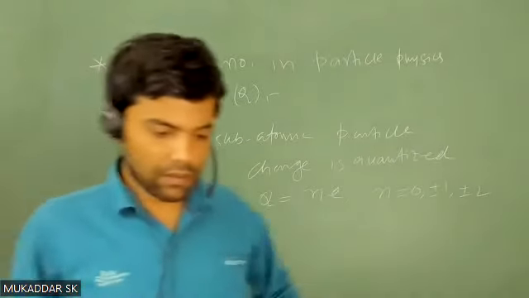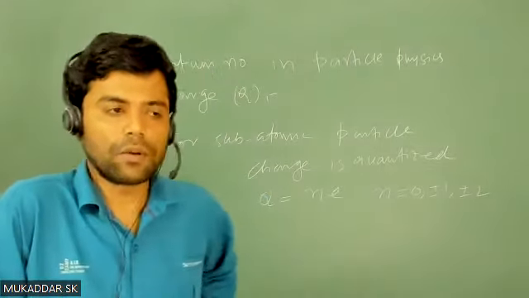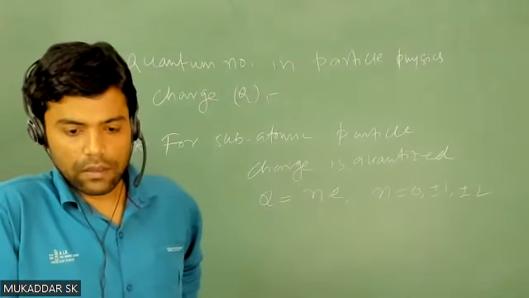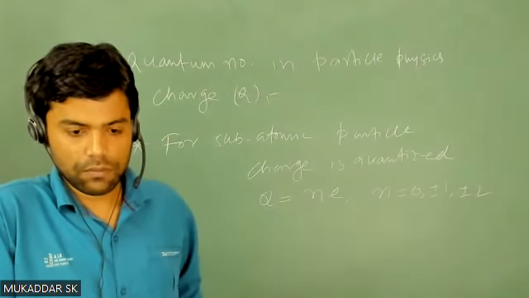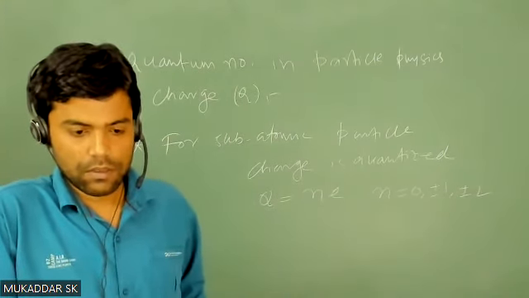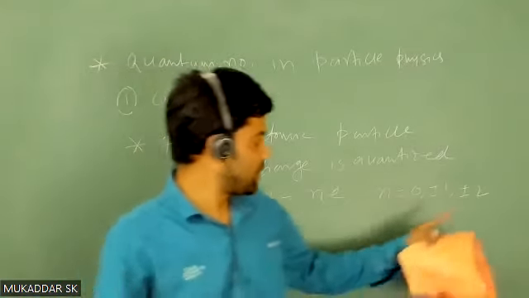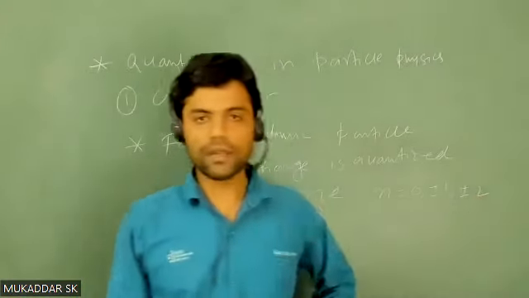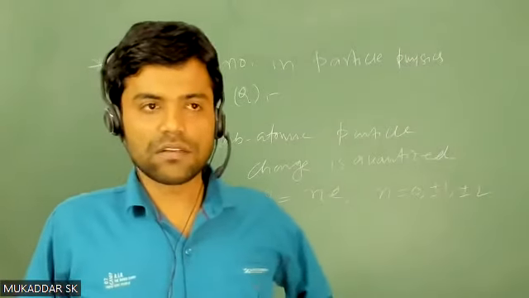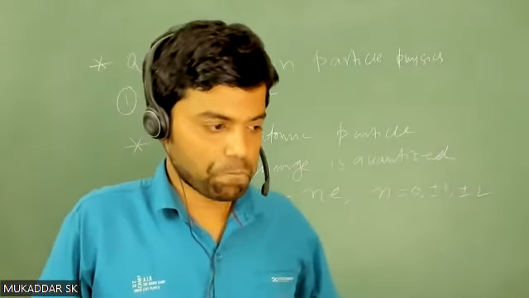Can you give me an example of a subatomic particle whose charge is 0? Can anyone give an example? Neutron. Neutron, exactly. Can you tell me which has charge plus 2e? Alpha.